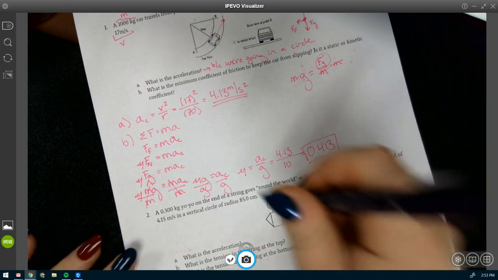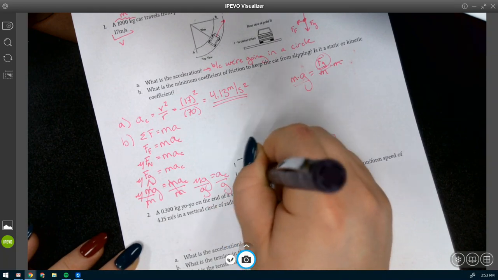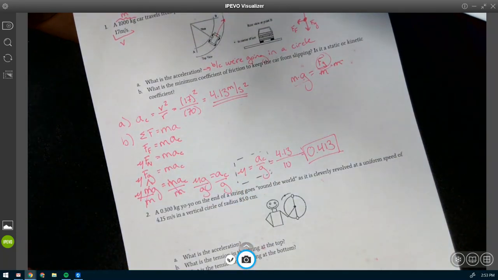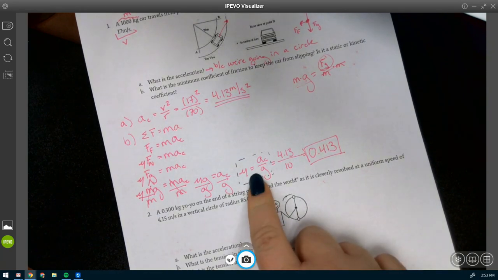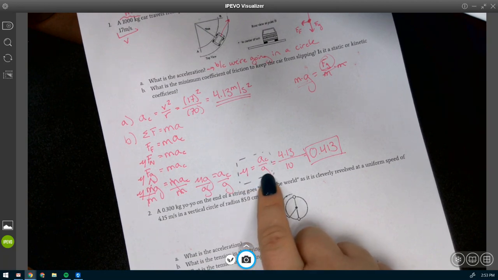So I want to take a short break and look at this part of the equation right here. This mu is equal to a sub c divided by g. So the thing that you already know is that if it's icy out, you have to slow down, because otherwise you're going to spin off. This is why, because the ice lowers the coefficient of friction. So in order to get a lower number on this side, unless I'm changing the planet that we're on, I have to lower the centripetal acceleration, right?